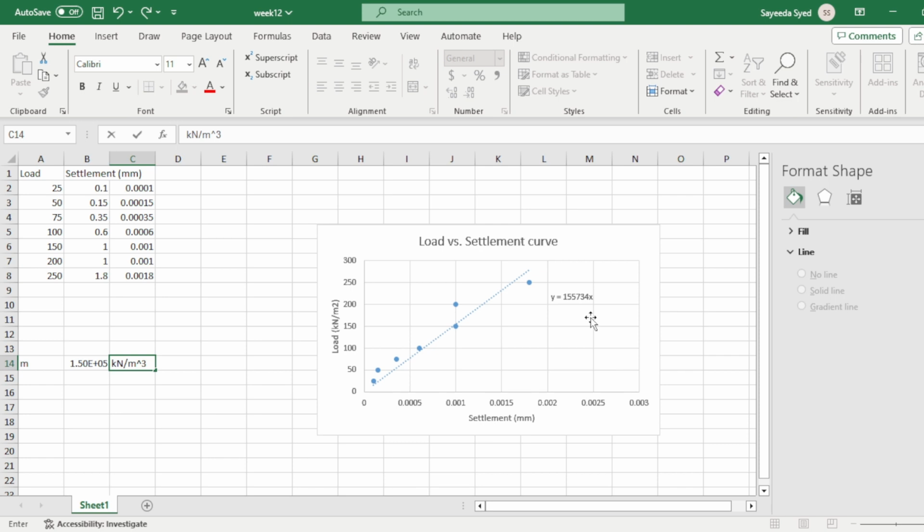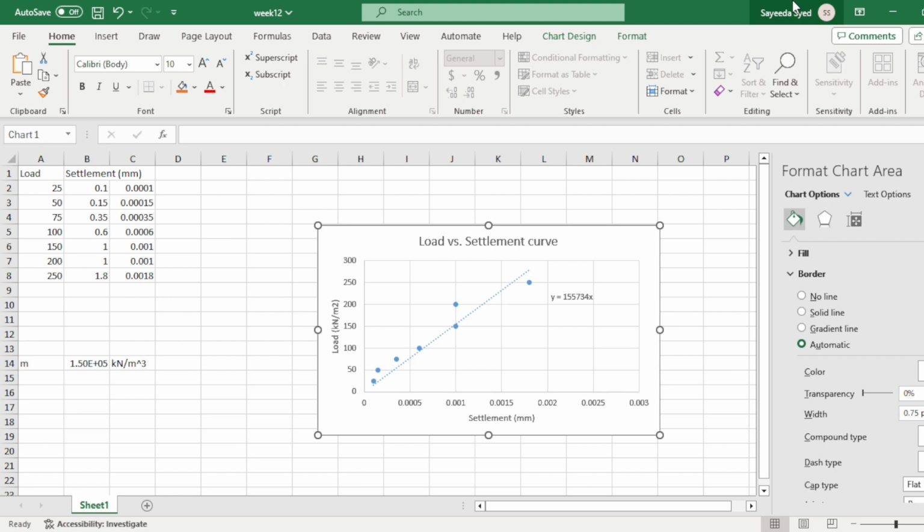So the area of the plate used is, if we go here, let me actually copy this. Okay, so this will be our settlement curve.